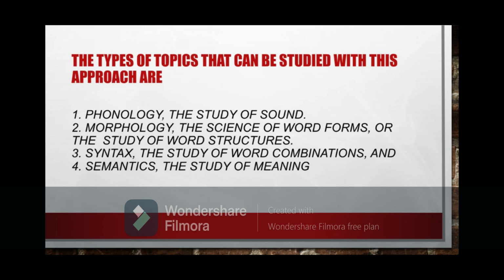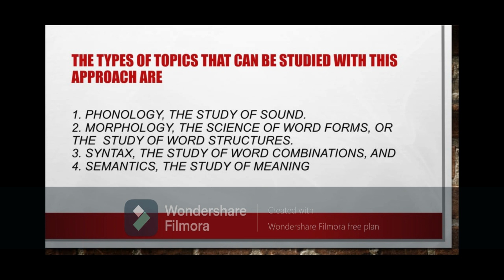Okay, example articles using the approach include, first, English and Yali pronouns. Investigate the pronoun in Yali and compare it to English.